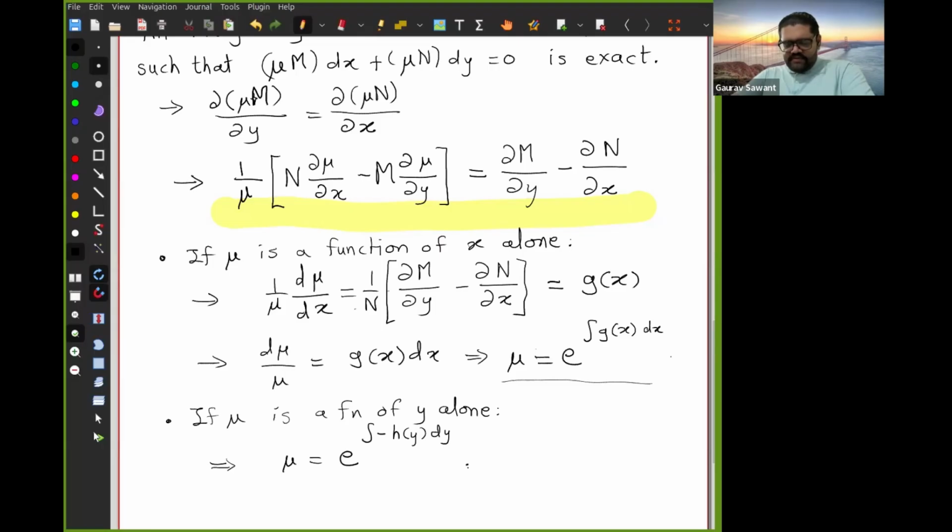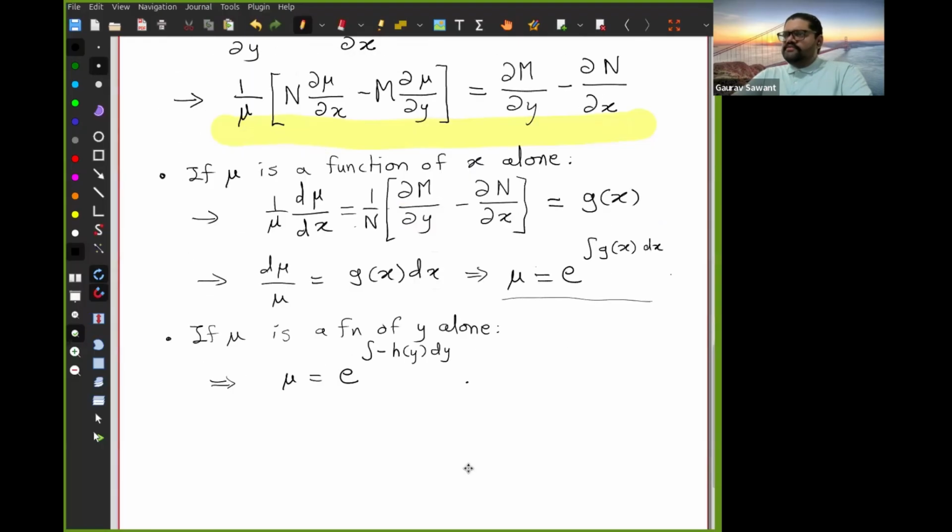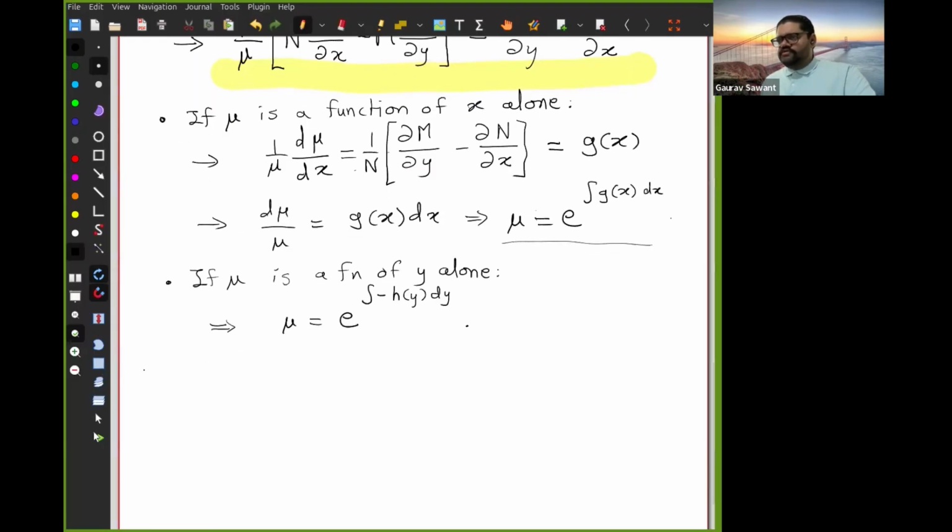And there are some other forms which can also be used. So, for instance, you could have certain expressions that you can use.